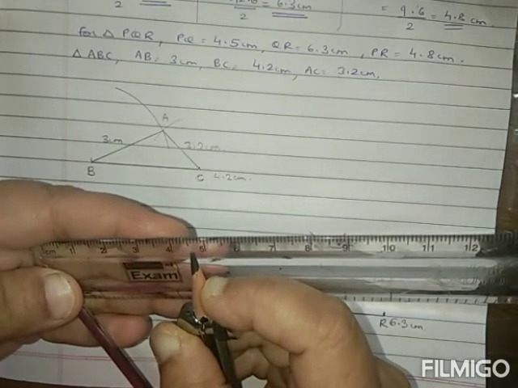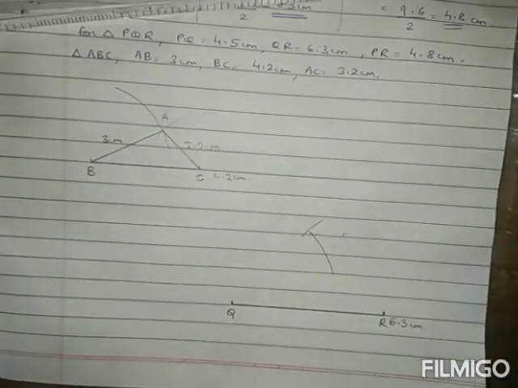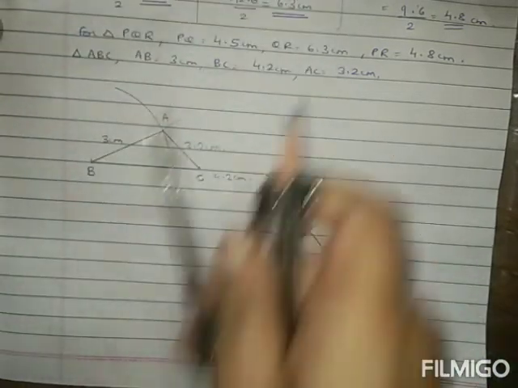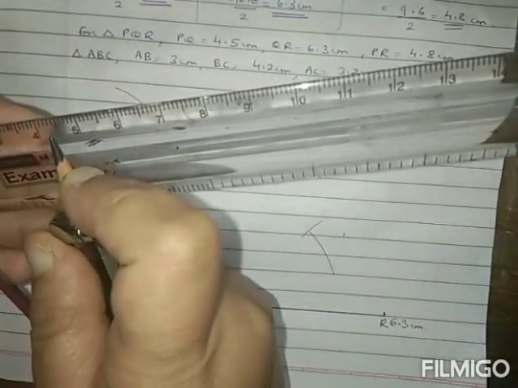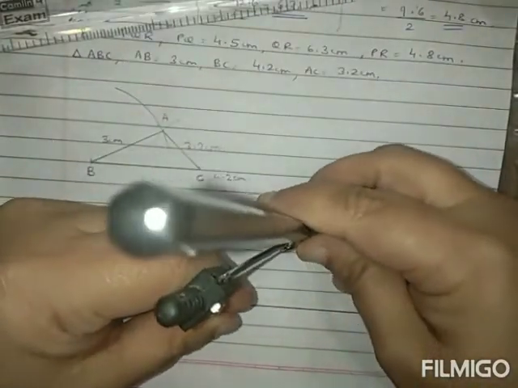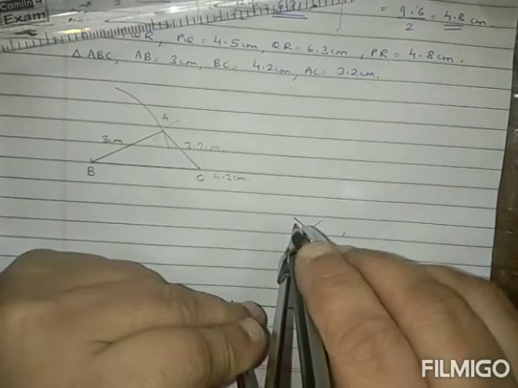If your pencil is well sharpened, it will be very good for your construction. Okay, so again I need to produce this arc further. So the measurement was 4.5. Okay, so I've drawn the arc.